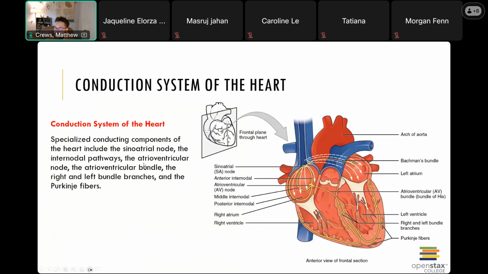All right, conduction system of the heart. This is the real meat and potatoes of what we're going to talk about. We're going to talk a little more about this in lab, but what you need to know is the conduction comes from your sympathetic nervous system, and it jumps up to right here, this little spot called the sinoatrial node. From there it spiderwebs out and jumps around to cover the whole atrium.